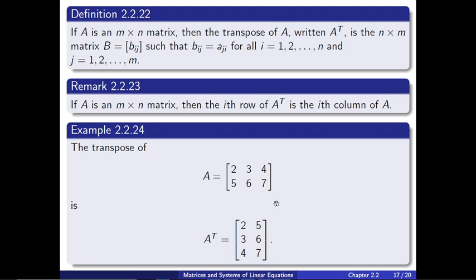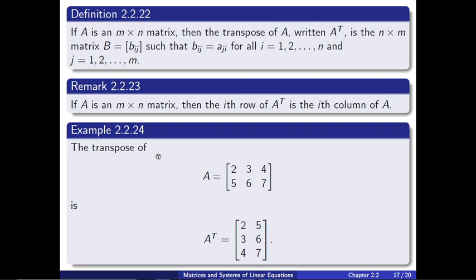And then you notice that the first column becomes the first row, the second column becomes the second row, and the third column becomes the third row. Or if you want to talk of rows, the first row becomes the first column, and the second row becomes the second column, right? And you just see that we have flipped.